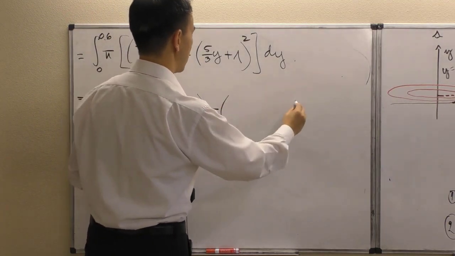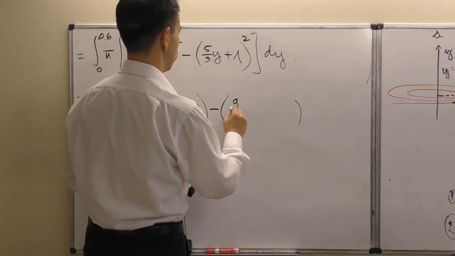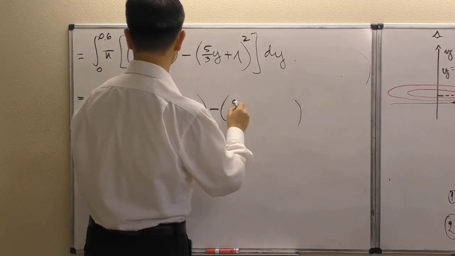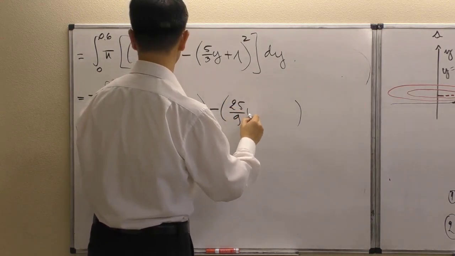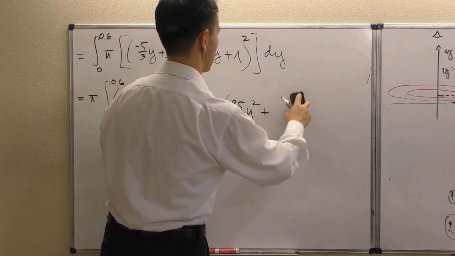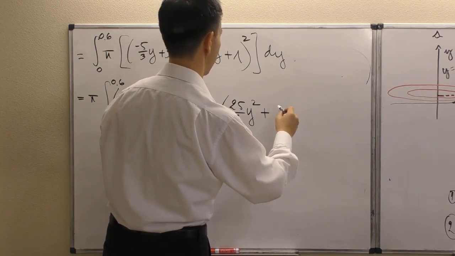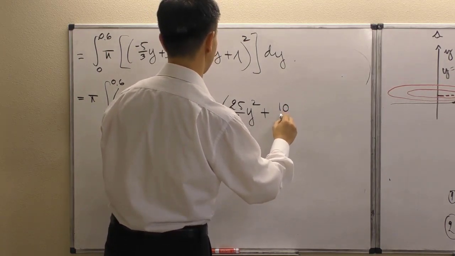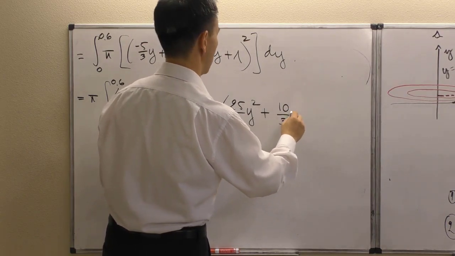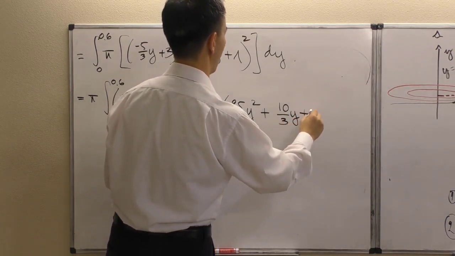Now I'm going to have another 25 ninths, positive 25 over 9 y squared. I'm going to add with 10/3 y, and I'm adding 1.